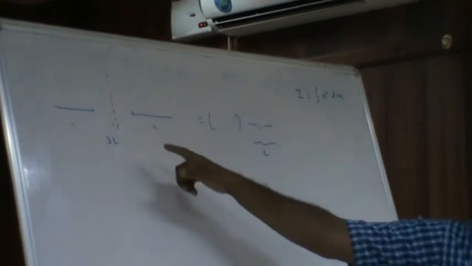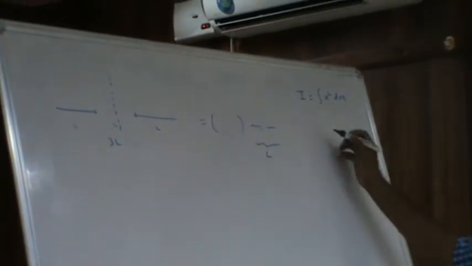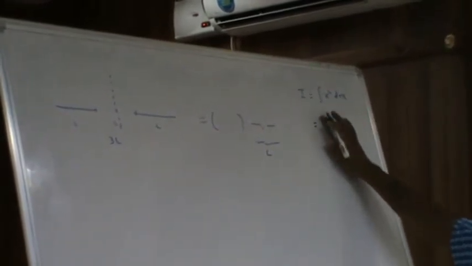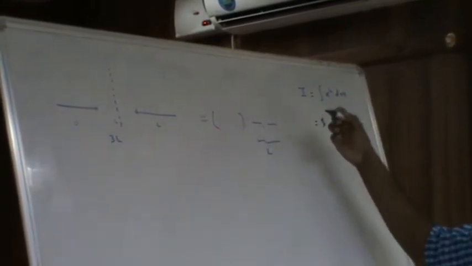Now look at this length scale. Length is scaled by 3, so it goes like 3 square, that is 9. But what about the mass?